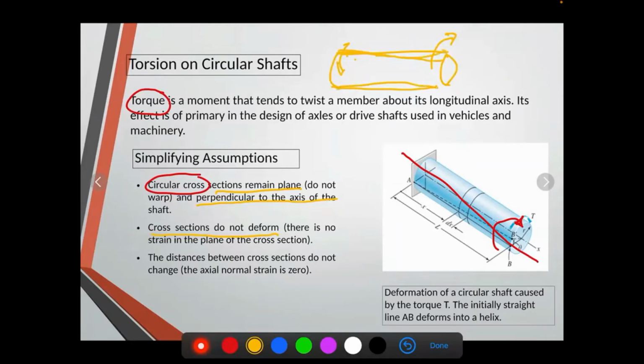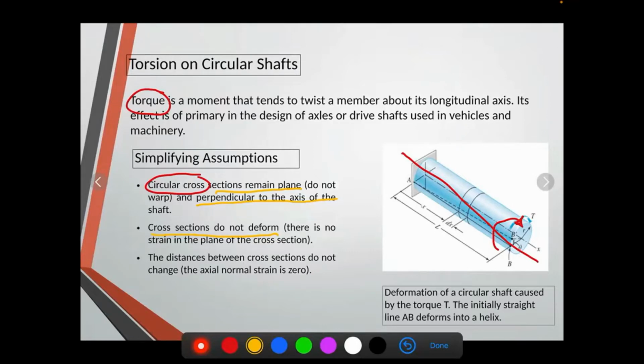So, yung analysis natin for the discussion will not apply to those with very large torque, which will cause deformation. So, i-assume natin all throughout this lecture na hindi nagdi-deform yung cross-section. Tulad ng sabi natin, constant yung cross-section if we cut siya about any point sa circular shaft. And then the distance between cross-sections do not change. So the actual normal strain is 0.